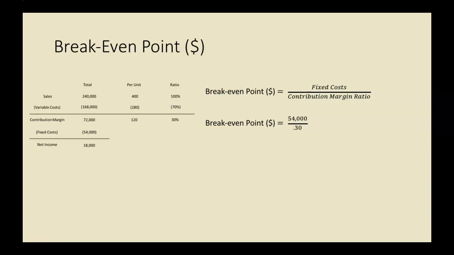Now an important piece here is remember that 30% is 0.30, right? We want to turn that percentage into a decimal. So we take 54,000, divide it by 0.30, and we see that we need to make $180,000 in sales before we can start making money.